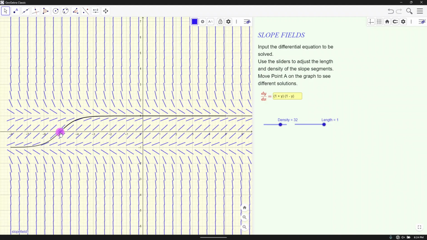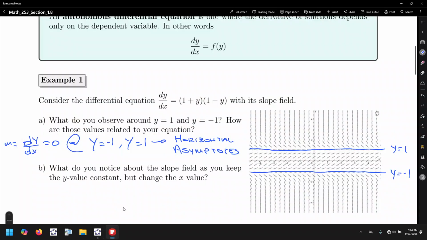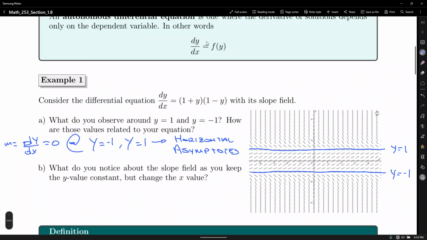Notice how for a given particular y value, the slope is exactly the same, and that's because the autonomous equation only depends on y, it doesn't depend on x.